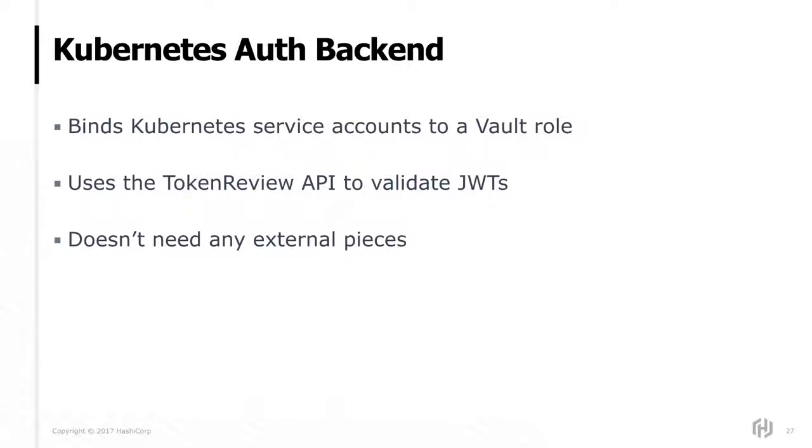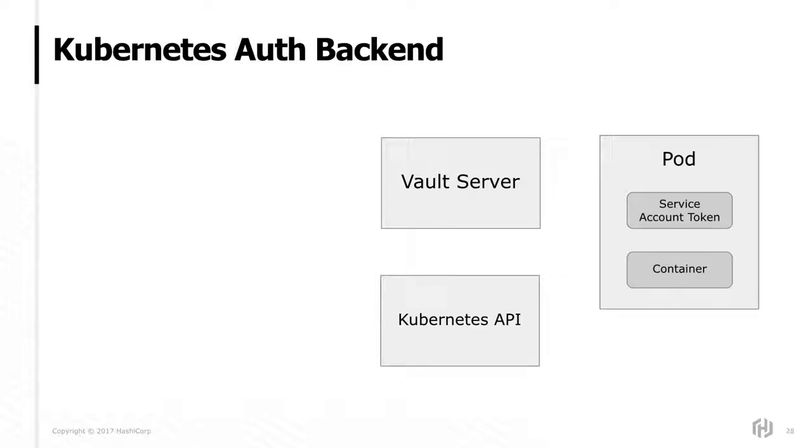It then uses the Kubernetes token review API to validate that these JWT tokens are valid. The nice thing about this auth backend is it doesn't need any external pieces running within Kubernetes. It's simply Kubernetes service accounts, which are built into Kubernetes, talking to a built-in Vault backend.